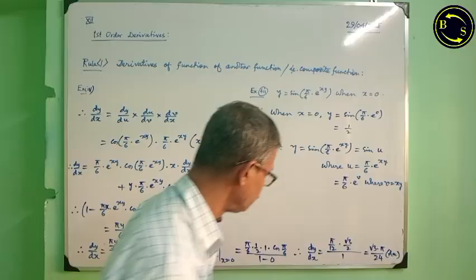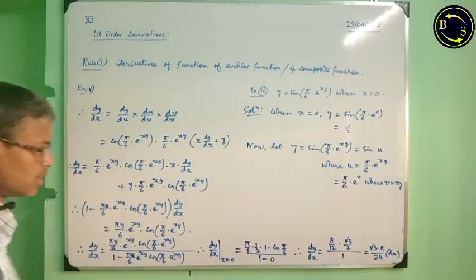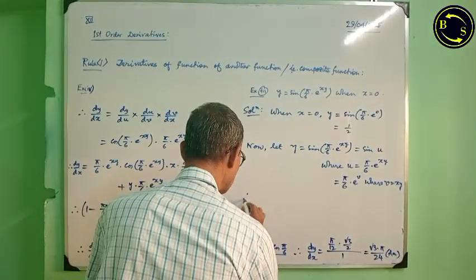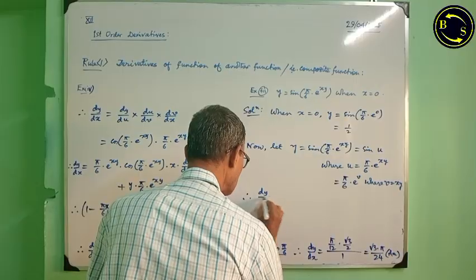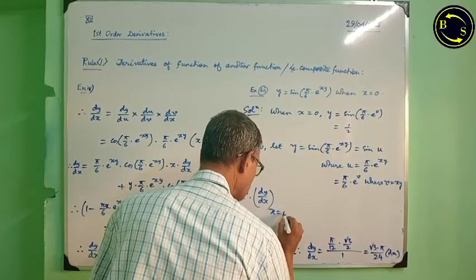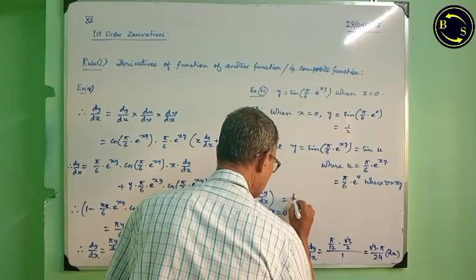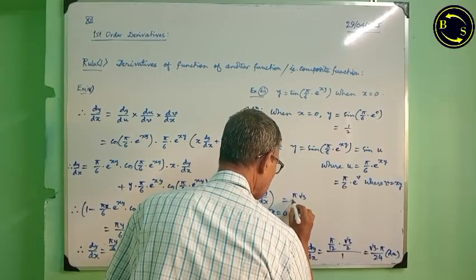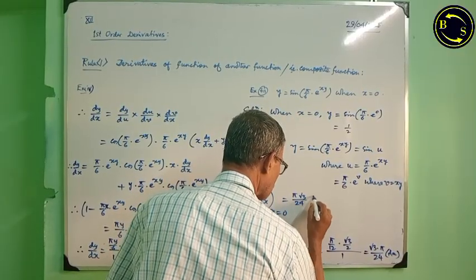This is the answer. I can write finally, therefore, dy by dx at x equal to 0 is root 3 pi by 24. That is the answer.